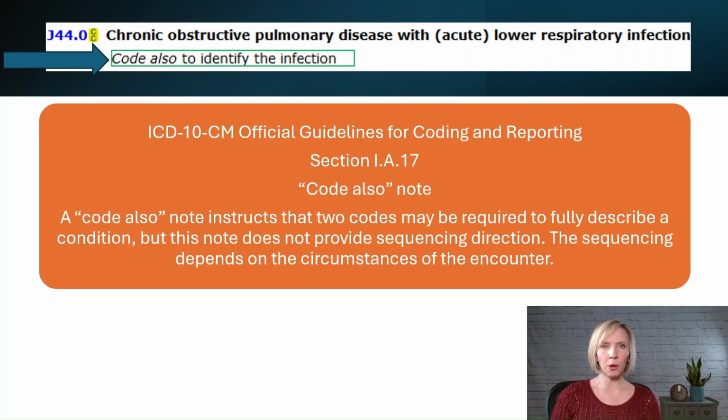When coding COPD with a lower respiratory infection, a code should also be assigned to identify the infection as indicated by the instructional note found at J44.0. This note advises that two codes may be necessary, but does not provide guidance on the order in which they should be listed. So the sequencing of these codes will depend on the circumstances of the patient's admission.